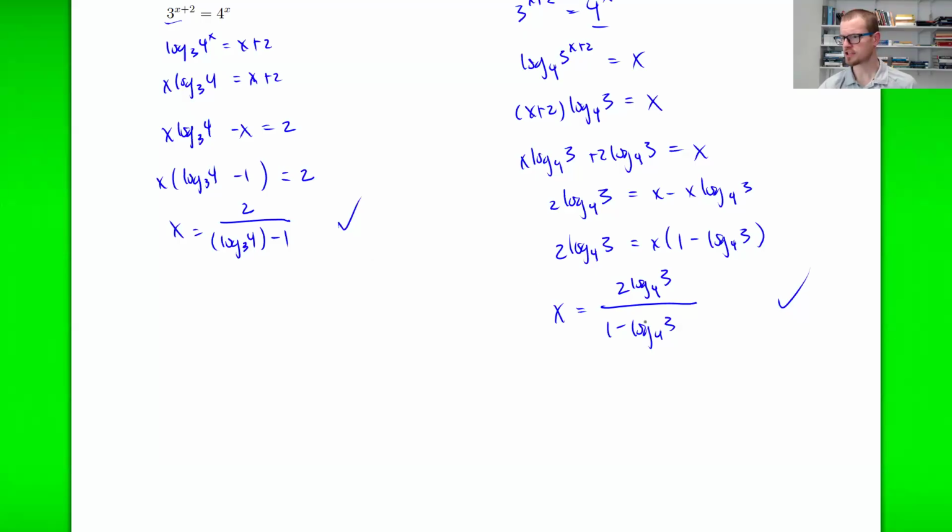If I wanted to change it to base 4, that would be logarithm base 4 of 4 divided by logarithm base 4 of 3. I think I said that backwards at first, so I apologize. Anyway, change of base formula.